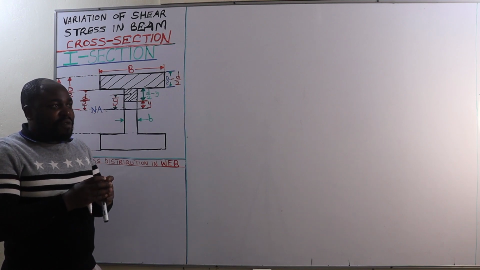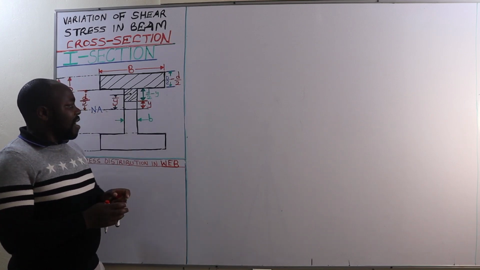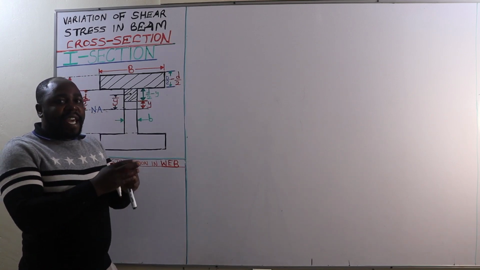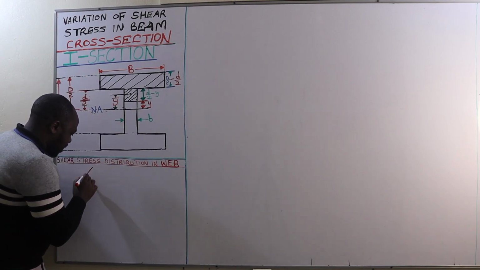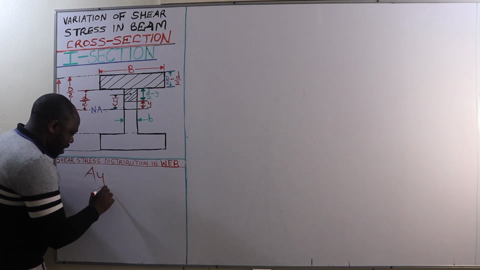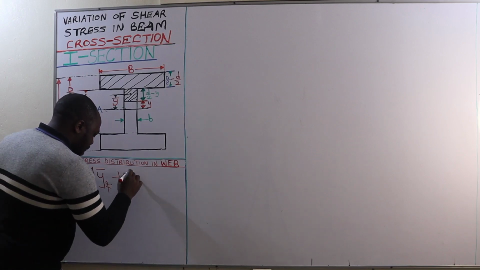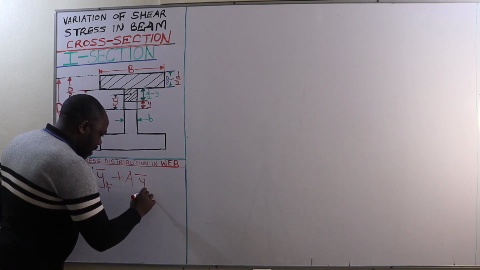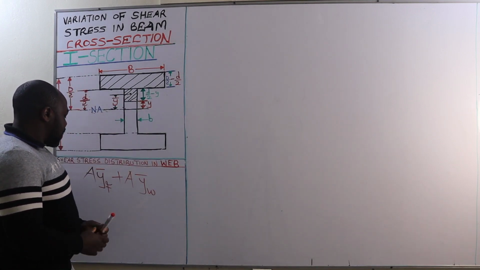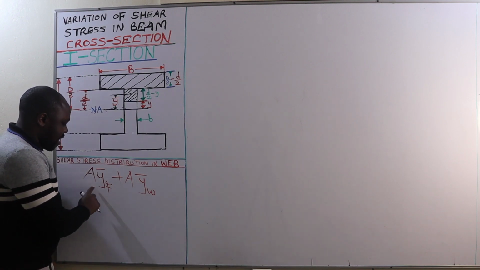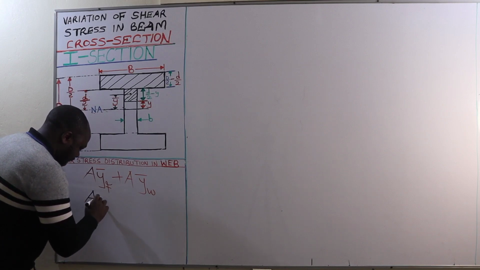That is the reason why we have to add the moment of the flange area about the neutral axis plus the moment of the shaded web area about the neutral axis. And that means that we are going to have A bar y for the flange plus A bar y for the shaded web section. Now, starting with the A bar y for the flange, starting with the area.